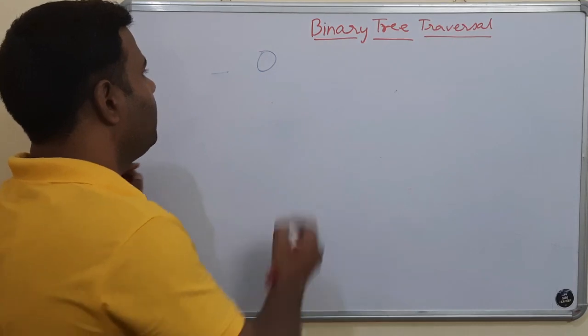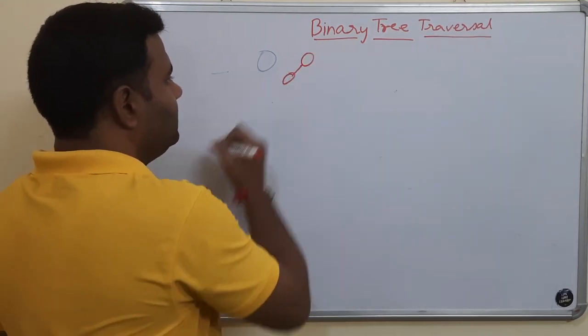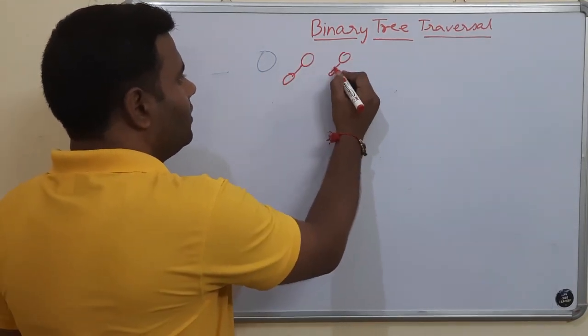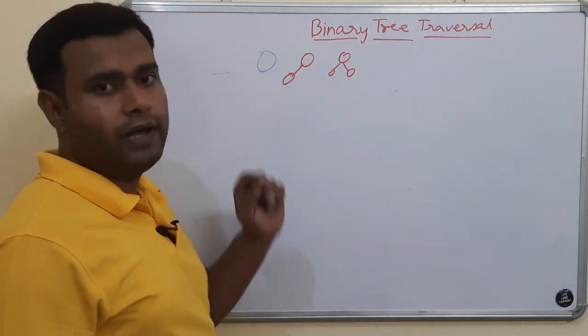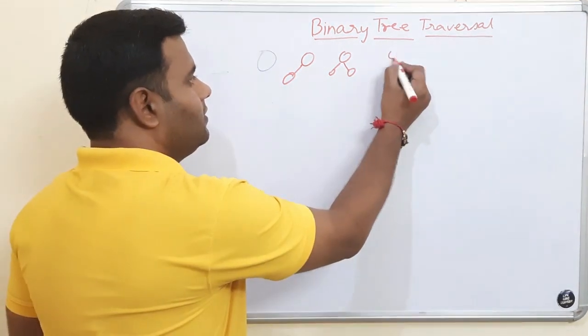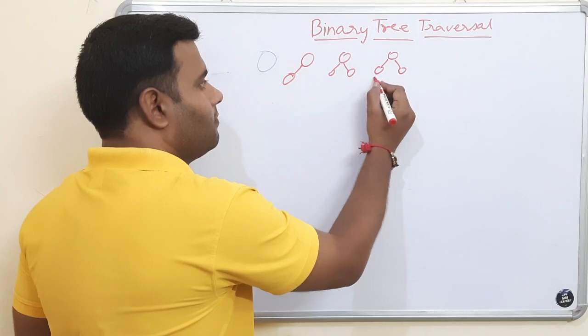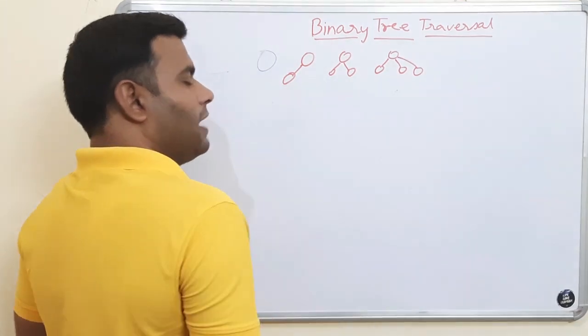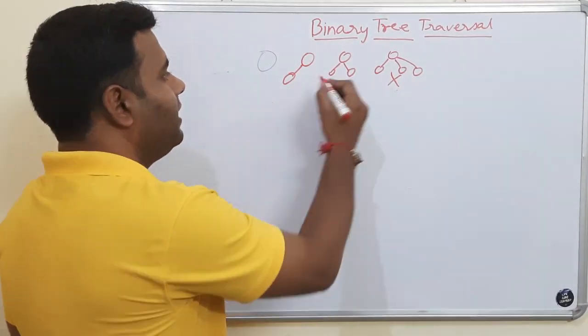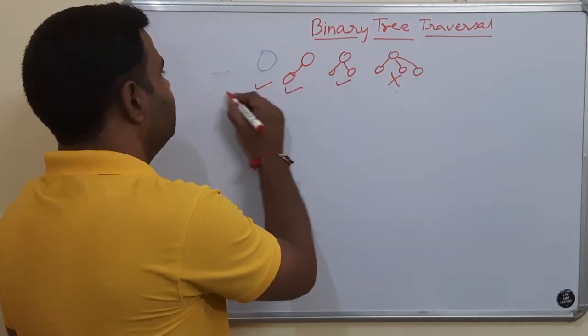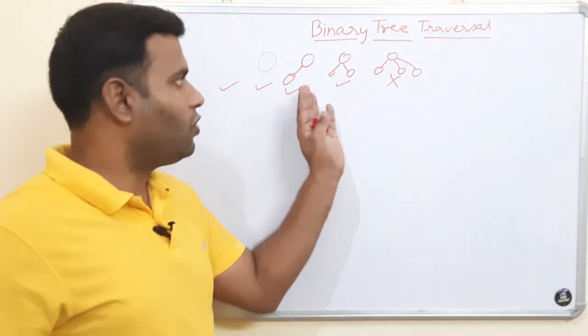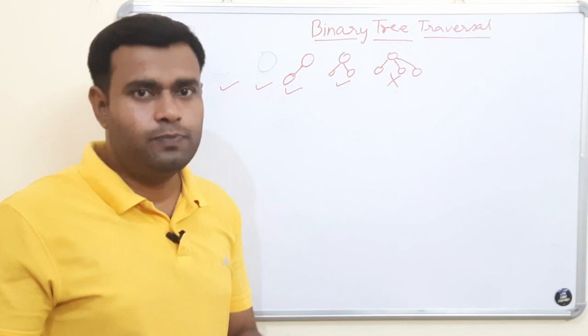So this is a binary tree, this is also a binary tree, this is also a binary tree, but this is not a binary tree. This one exists, right? So I hope you got the idea what is a binary tree.